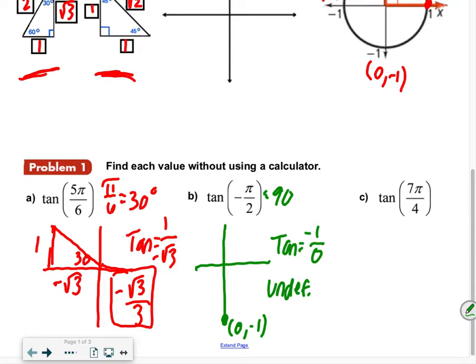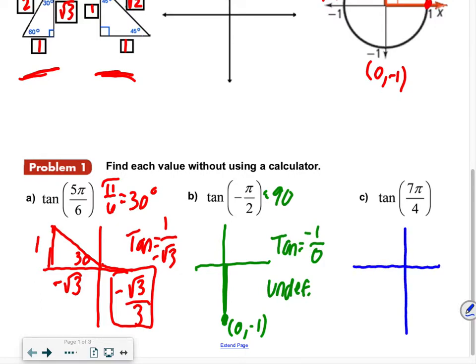Can't find the tangent of negative 90, which kind of makes sense because there's no angle here. I'm not sure what you'd put in your calculator, but we're smarter than calculators, so it's okay.